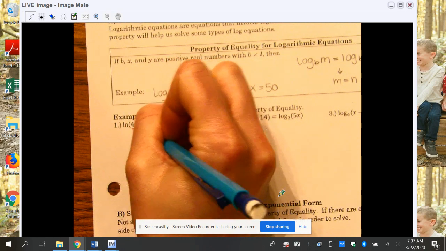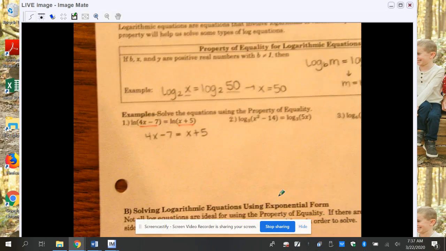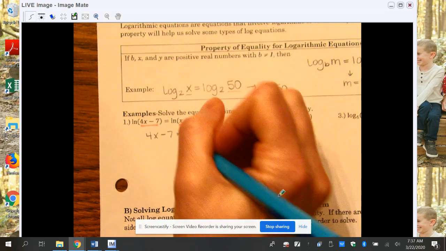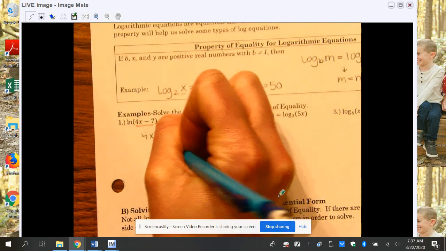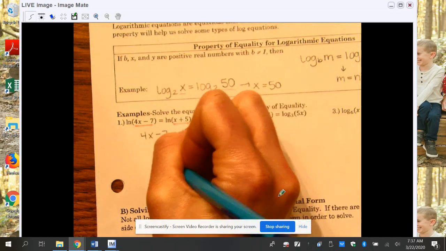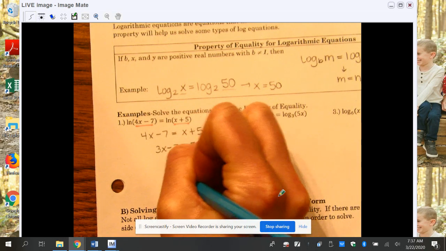So 4x minus 7 has to equal x plus 5, or else those natural logs will not be equivalent. When I go to solve for x, let's move my x over first. That would be 3x minus 7 equals 5. Add the 7 over, and that means that x has to be 4.